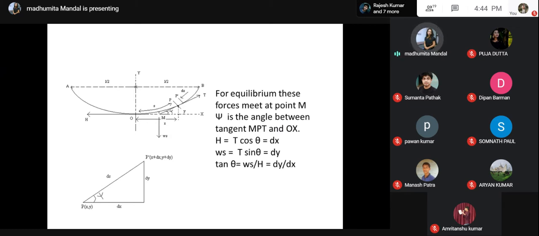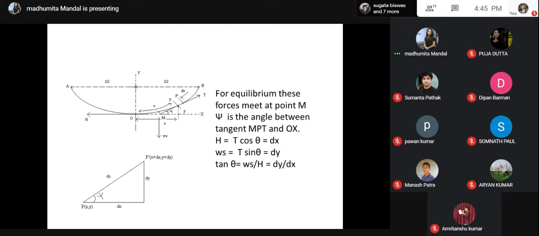If we consider another point P dash very near to P, then these coordinates will be ds, dy and dx. This is parallel to MX, so this angle will also be theta.